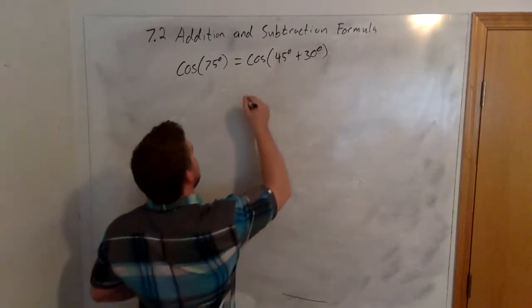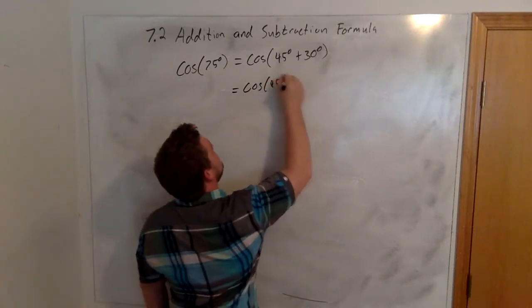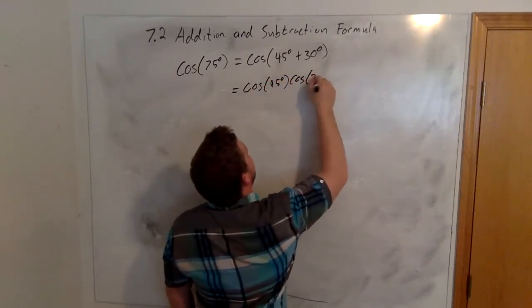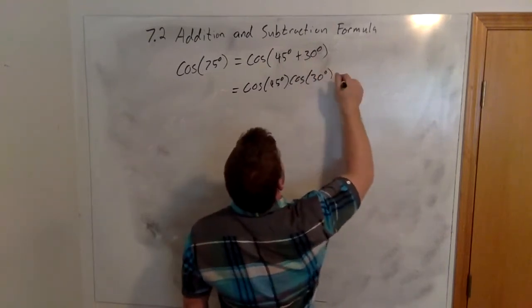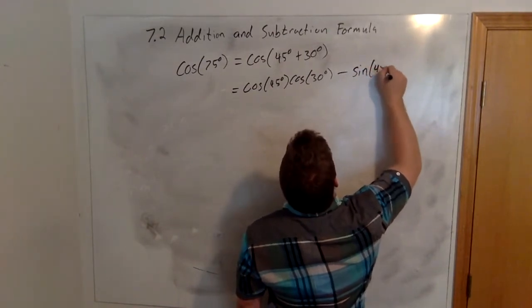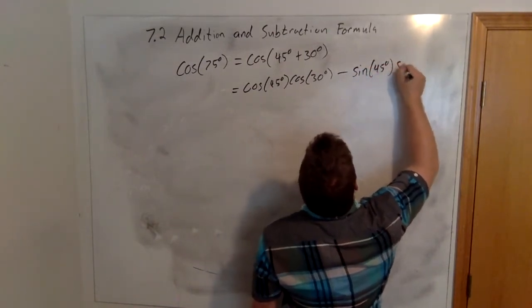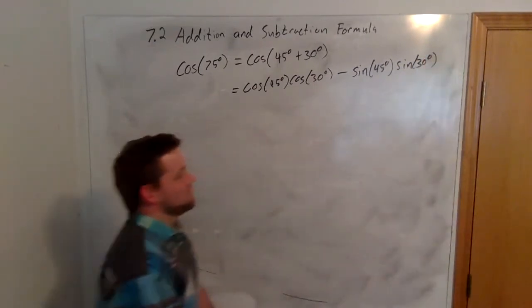So remember, cosine frickin' loves itself. Cosine of 45 degrees, cosine of 30 degrees. Come on, cosine, get over yourself. Always disobeying the rules. Sine of 45 degrees, sine of 30 degrees. Throwing sine on the back burner.